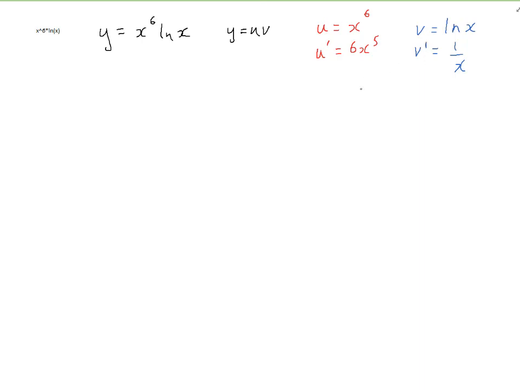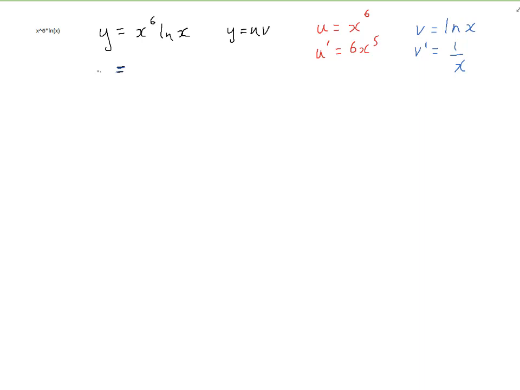So that's differentiated that. Now we can start applying the rule, and here I'm going to write it out in full, at least the first time I do it. And I write it out using the dashes as well, just to make it slightly more concise.